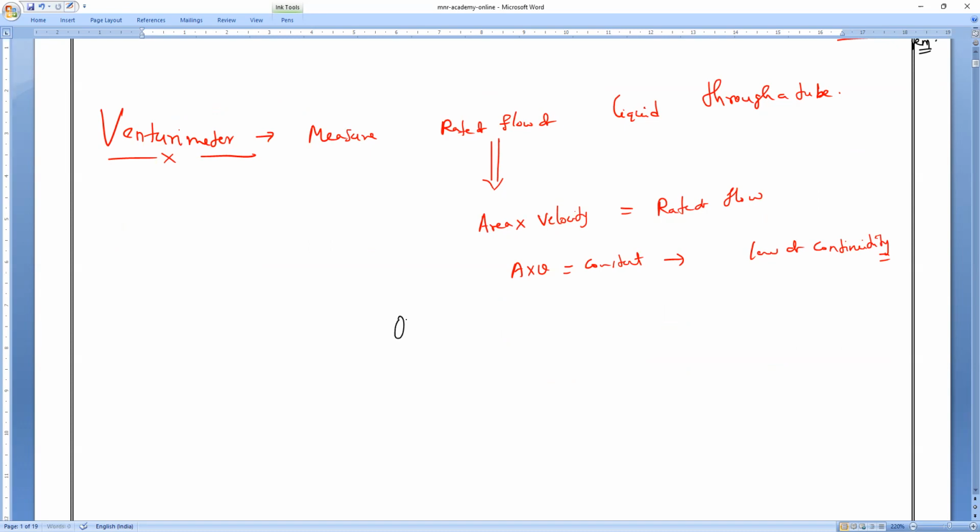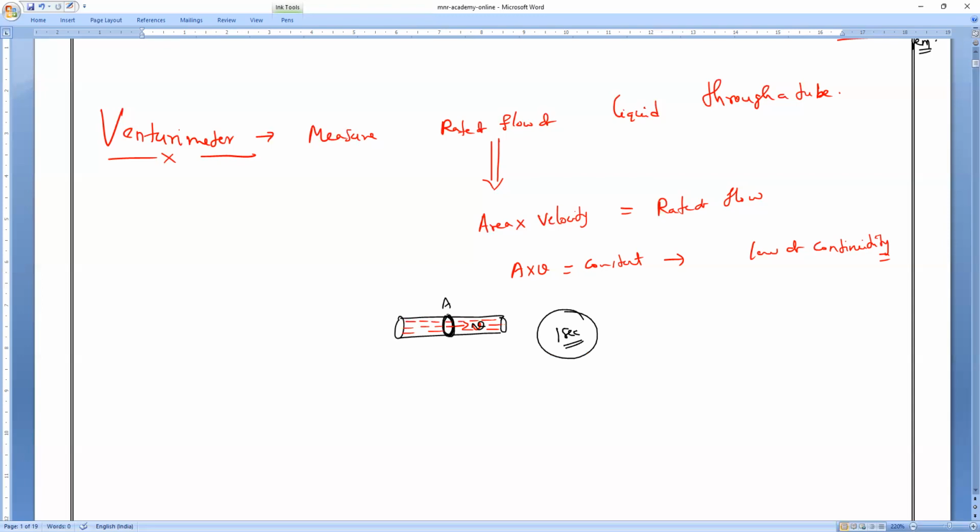For example, if I consider a pipe or a tube, let me take the area of cross section as A. Suppose the fluid is moving with velocity V. How much liquid passes across the given area of cross section in 1 second?